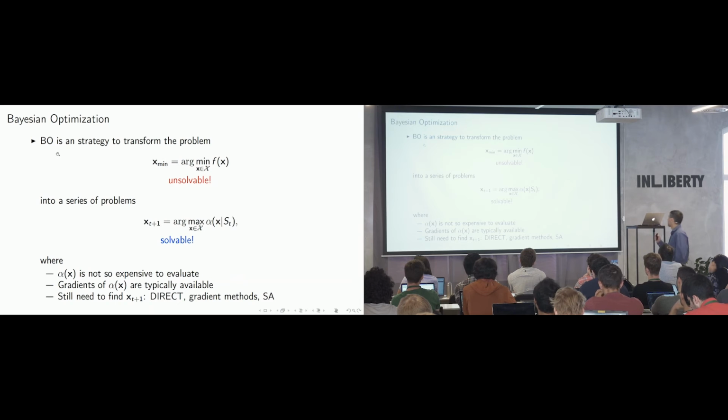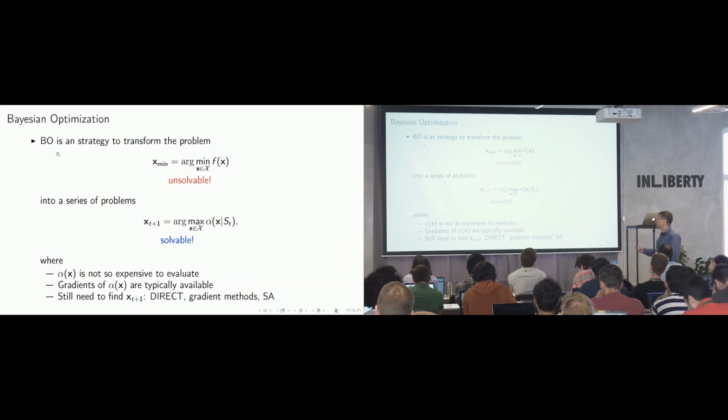So, finally, instead of optimizing the initial function, which is very inefficient, we construct some acquisition function, which on each step depends on the obtained sample of the initial function.